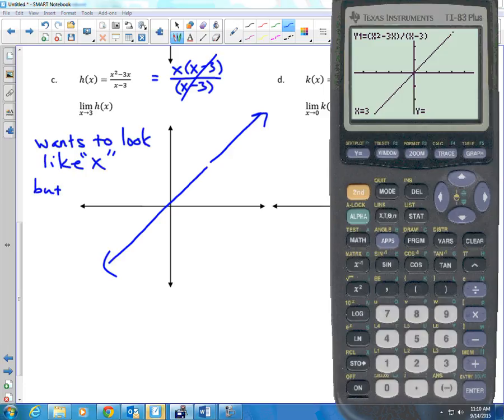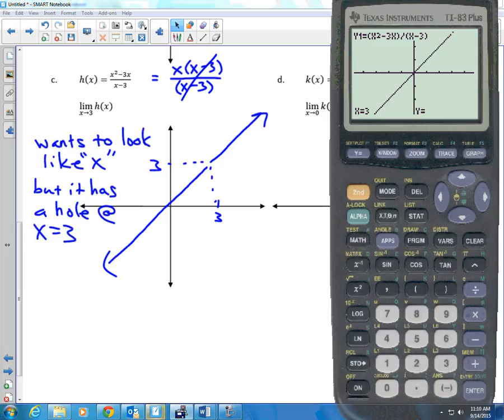But it has a hole. Whoop. At x equals 3, what's the y value of that spot? Well, just plug it into x. If you plug 3 in for x, what do you get? 3. So you can see that that's your gap.